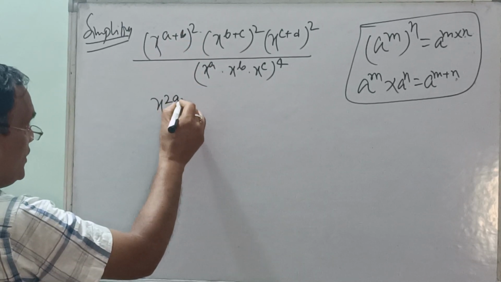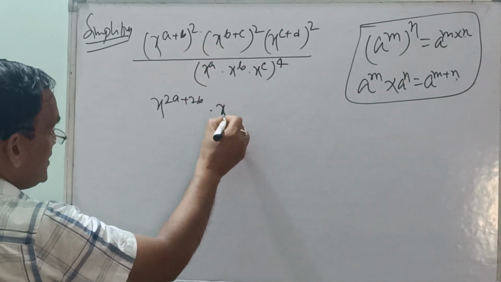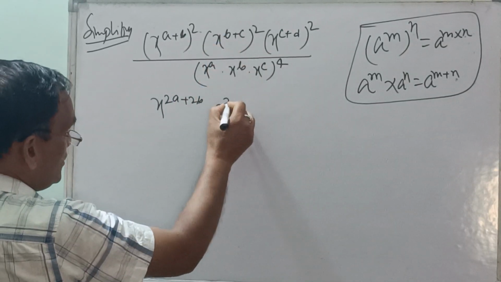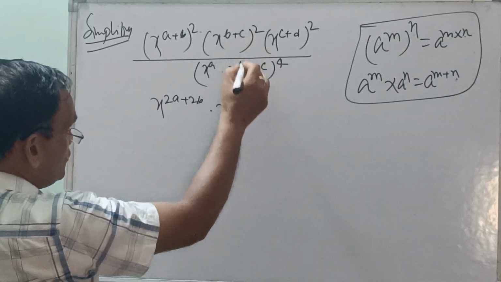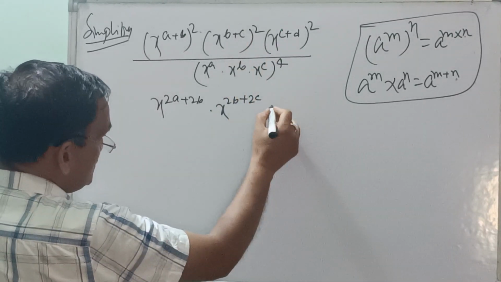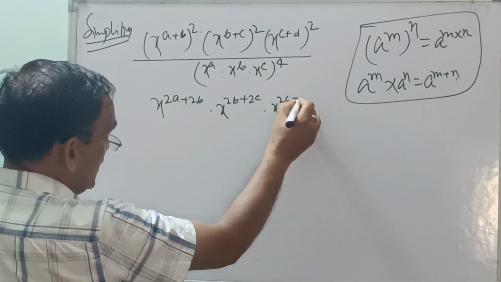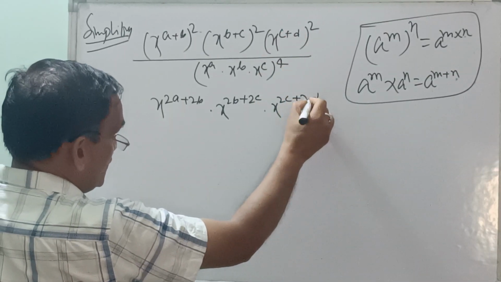So 2 into a is 2a, again 2 into b is 2b. Another x comes, 2 into b is 2b, and 2 into c is 2c. Another x comes, c plus d: 2 into c is 2c, and 2 into d is 2d.